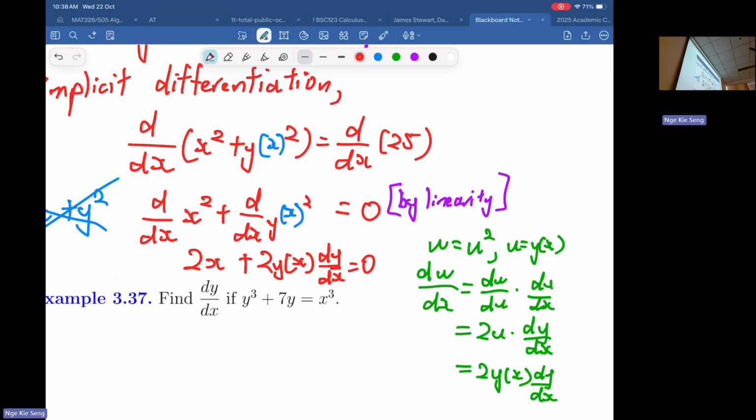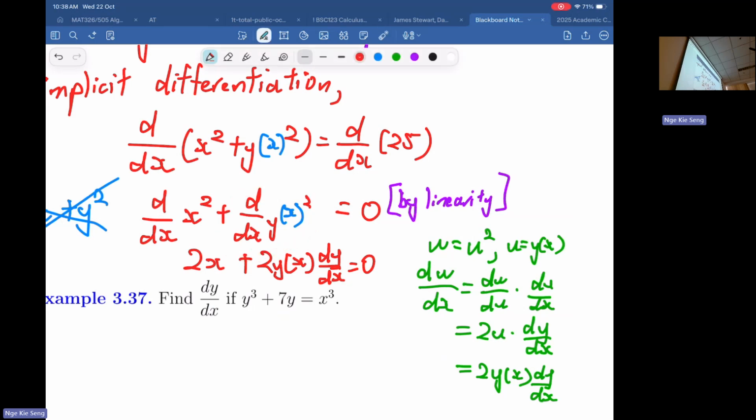Which part doesn't make sense? Maybe we can work back step by step. From where you start? You mean why I said this? Okay, so now we're going to differentiate this, right?